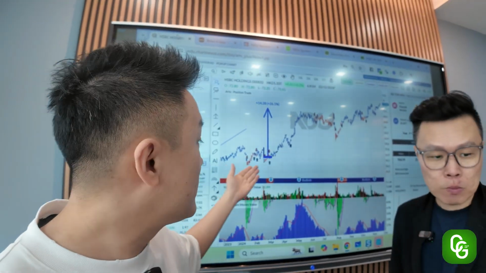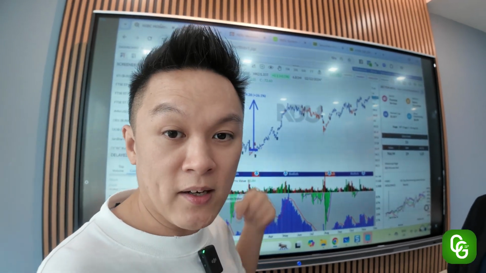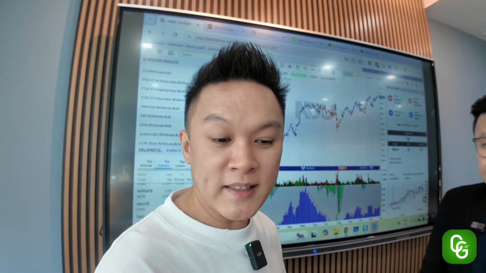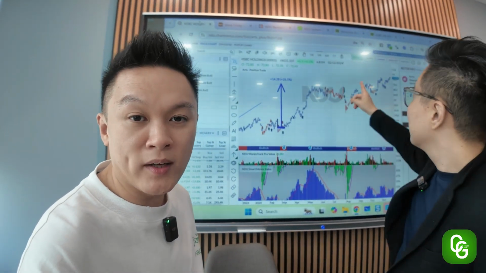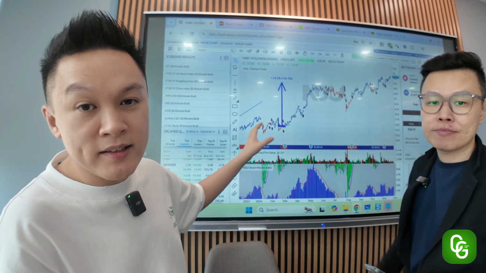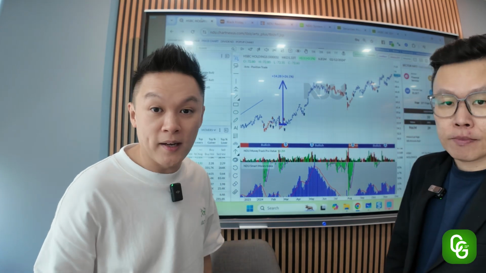You can see that this HSBC is on an uptrend. You understand? So you don't need to depend on just one stock, one sector or one counter. You can base it on the underlying, the overseas shares.